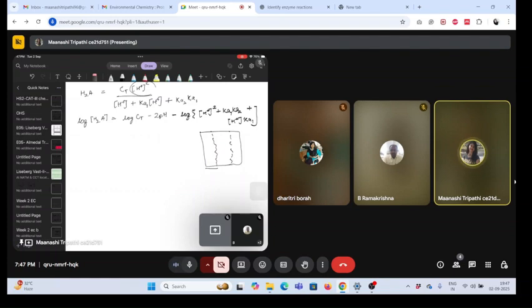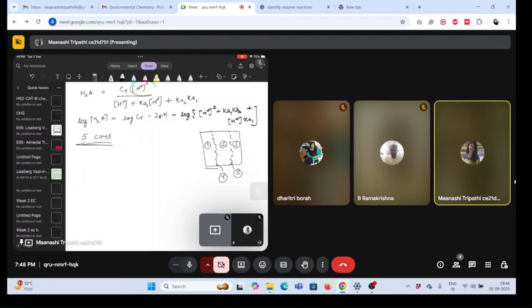And between these two, either equal to pKa1 or equal to pKa2. So we will get a total of 5 cases. One will be this point, other will be this point, third this point, fourth exactly this point, fifth exactly this point.